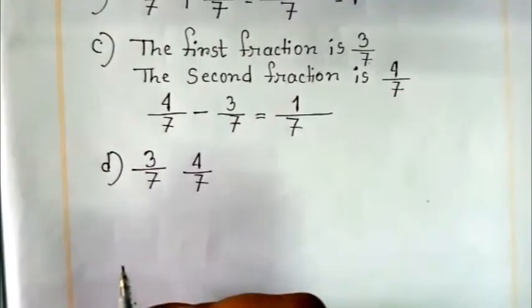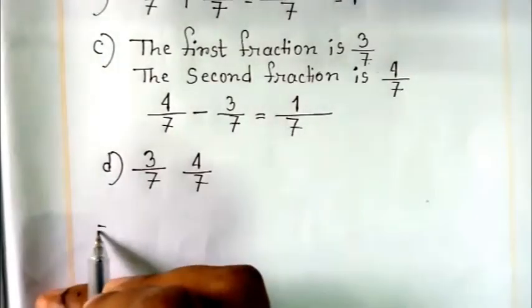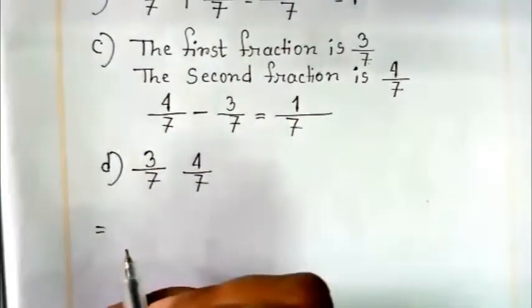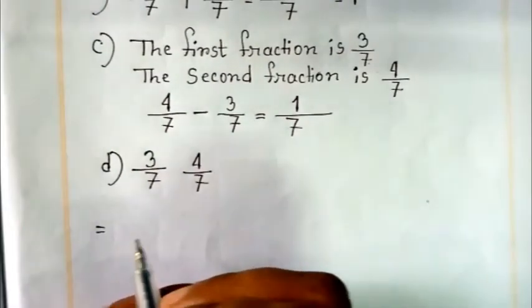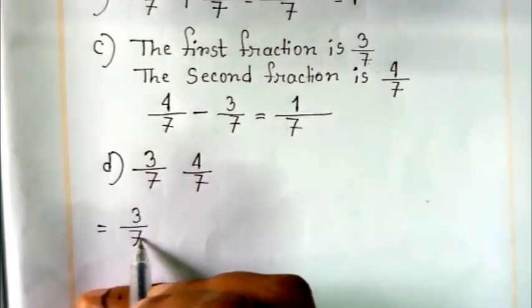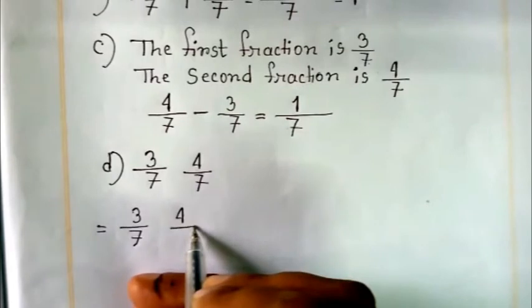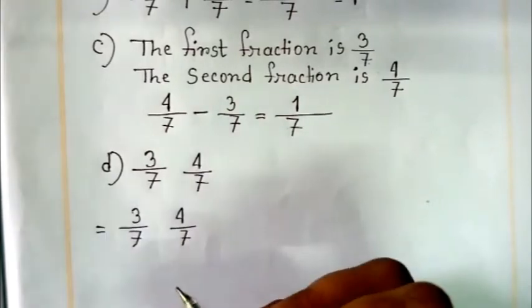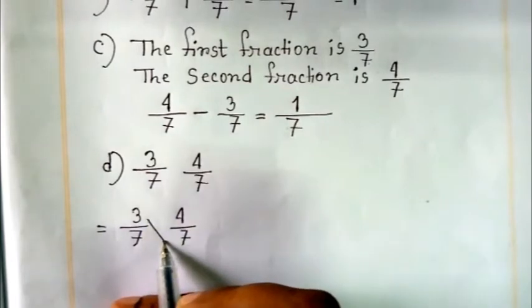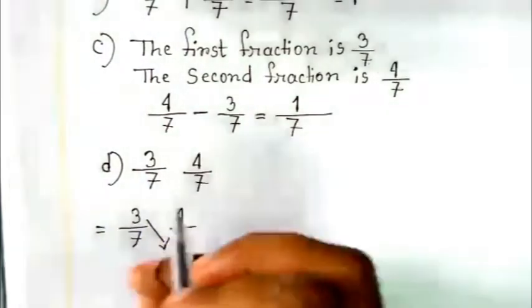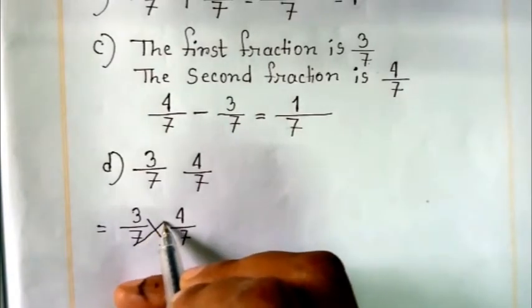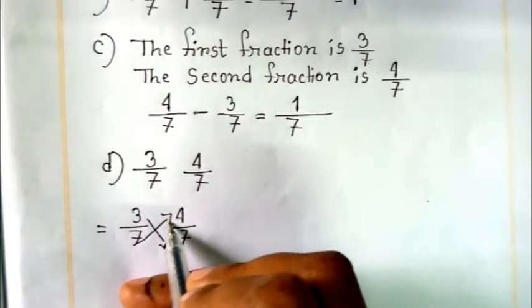Now 3/7, 4/7. Multiply 3 and 7. Multiply 7 and 4.